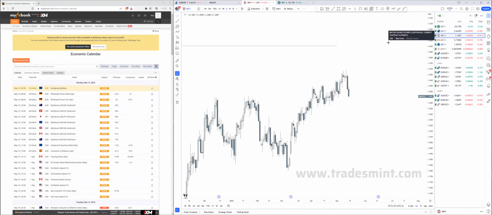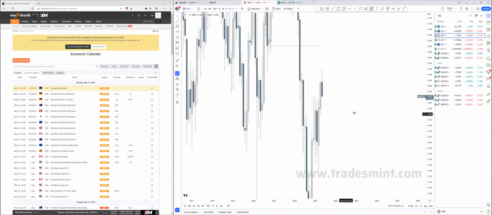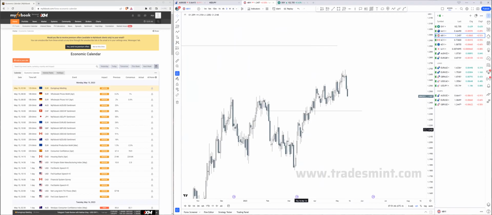Perfect. Then GBP, we came into this monthly SIBI right here. Now we are seeing a reaction currently, and we could head to this order block, to this monthly order block. So the open right here. And then on the daily, I saw this fair value gap, which I quite like, because everything above this is rebalanced.